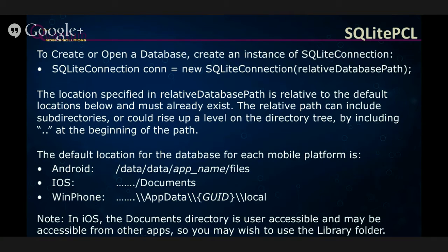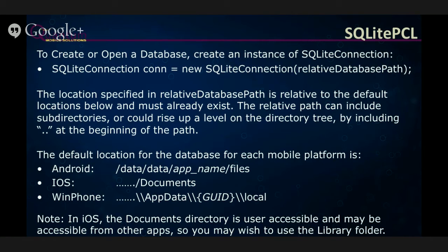It doesn't exist naturally. So SQLite PCL shoves it in the files folder which it knows will exist. In iOS, it will put it in the documents folder for your app. And in Windows Phone, it'll put it in the local folder for your app.